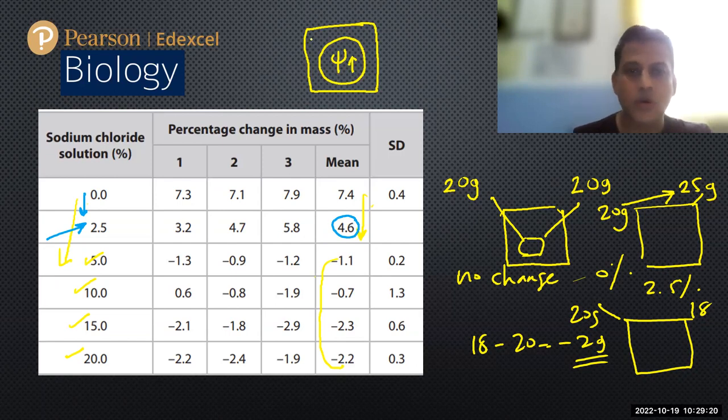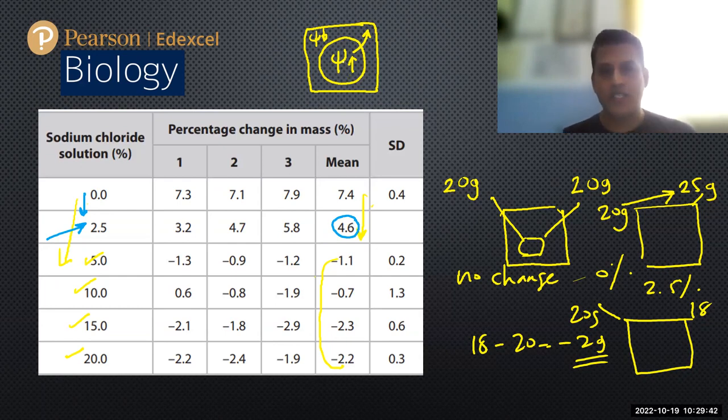the water potential inside the onion is high and outside is low, water is moving from the onion to the outside of the onion, right? So it's moving out of the onion.